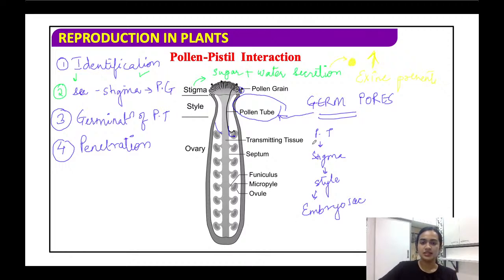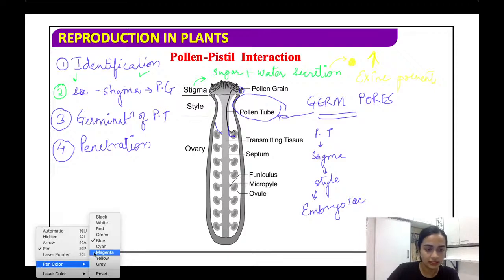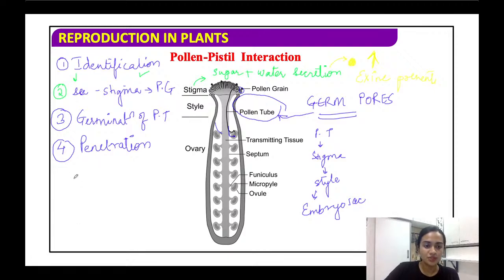Now we remember that we had two types of cells in the pollen tube: one was the tube cell, which gives rise to the pollen tube, and the other is the generative cell.